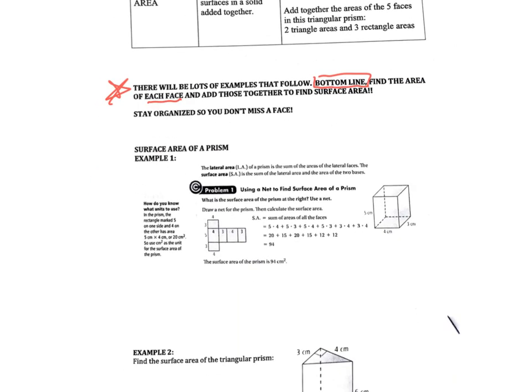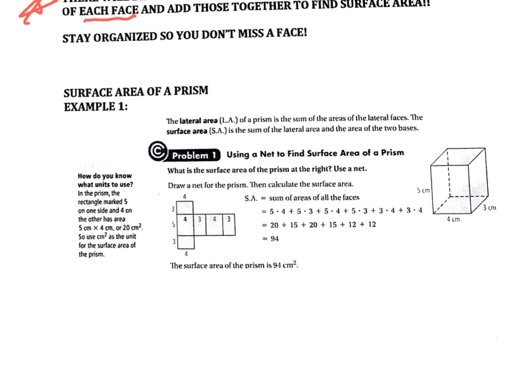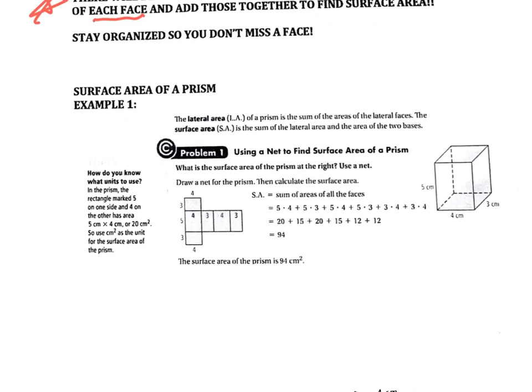So this example here is to find the surface area of a prism. What these examples do is they unfold the shape so that it can lay flat. It's called a net, and if you were to take that net and fold it back up, it would create whatever shape we're talking about here.